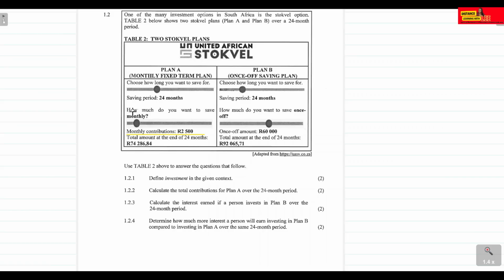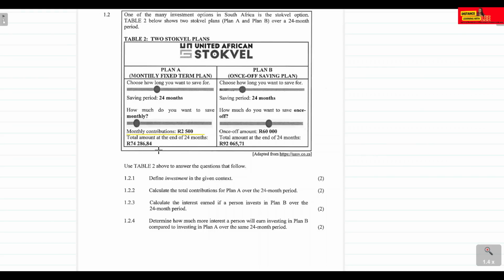So now we want to determine, if you're contributing that amount every month for 24 months, how much in total would you have contributed? That's what this question is asking.